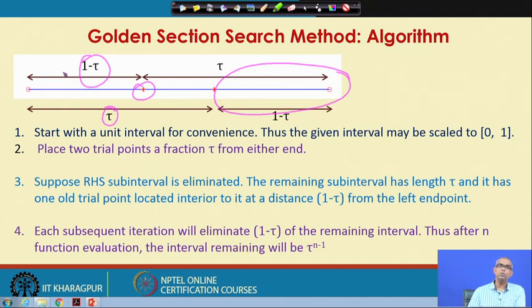So, again see how one point is retained from the previous iteration. Each subsequent iteration will eliminate 1 minus tau of the remaining interval. Thus, after n function evaluations, the interval remaining will be tau to the power n minus 1.